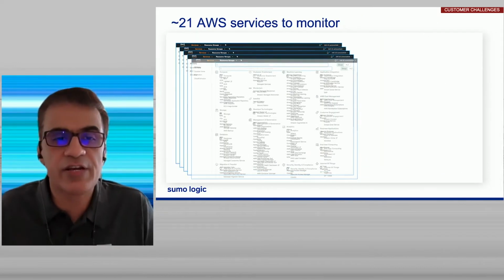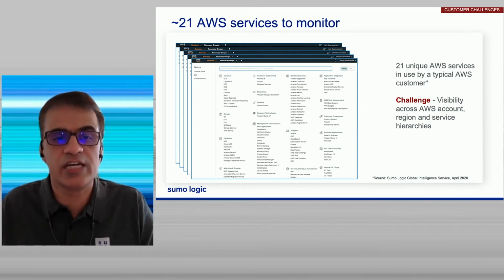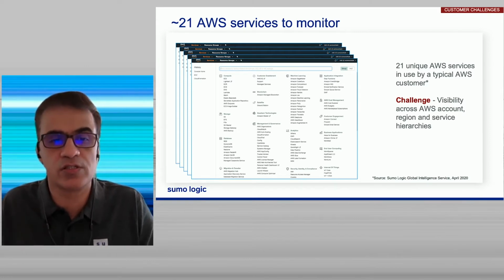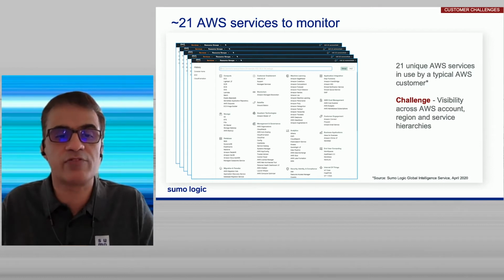Now, once you're in a given account and region, you have a multitude of services that your apps can use. A typical Sumo Logic and AWS customer is using 21 AWS services. Also, within each service, you can have multiple instances of that service. For example, you could have hundreds or thousands of EC2 instances.